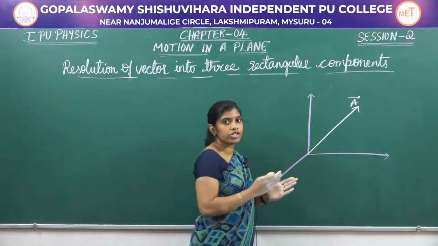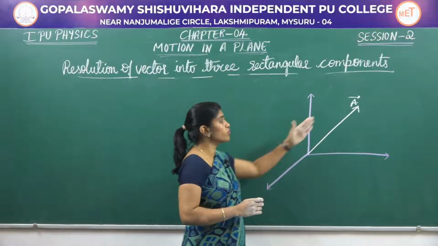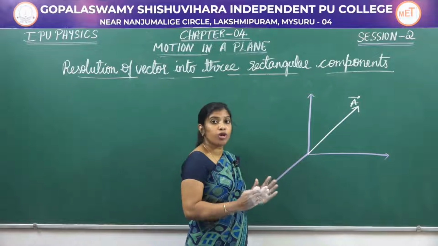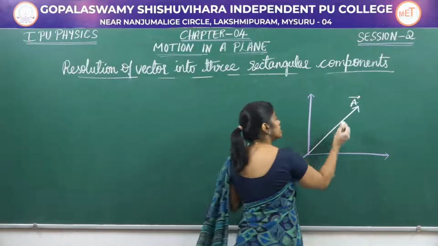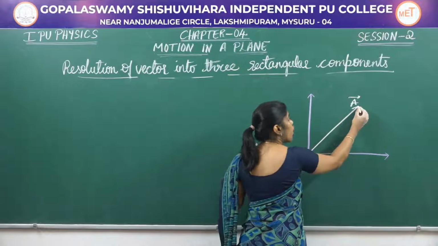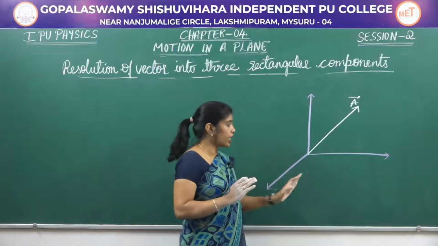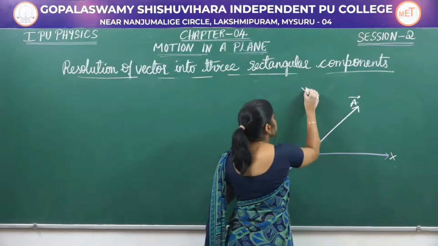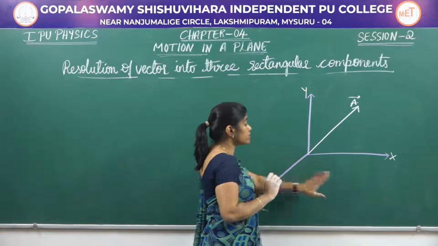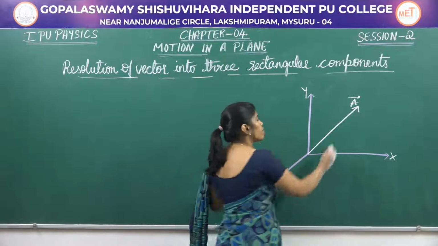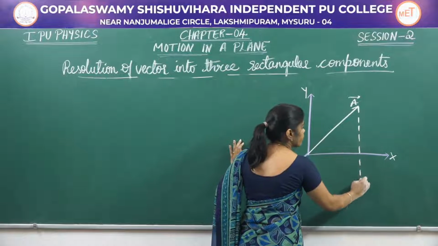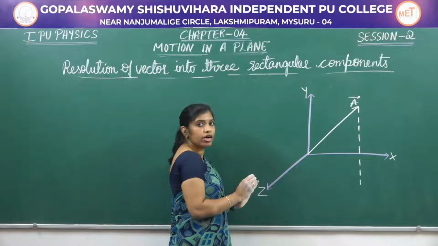Now, when I have a vector in space, I am going to resolve it into three rectangular components. Let us see how we are going to resolve it. First, I will draw a perpendicular from this vector A to the xy plane. If I say this is x, this is y and this is z. This is the xz plane where I am going to drop a perpendicular from this A. And let me join a line here.